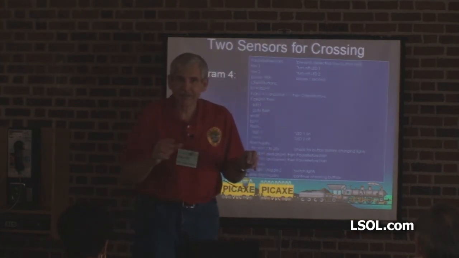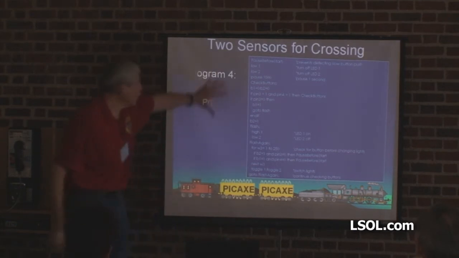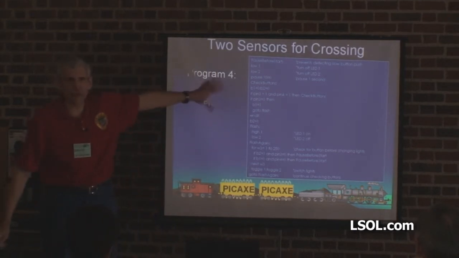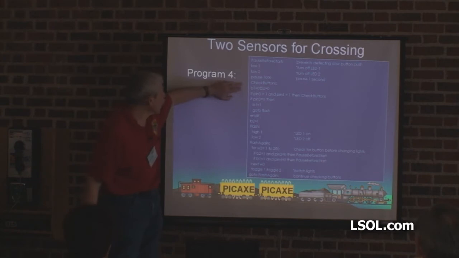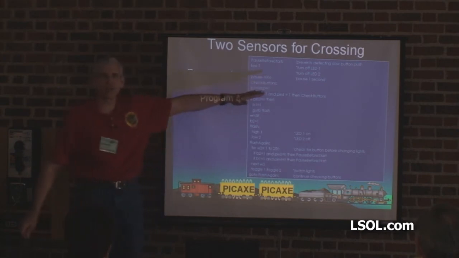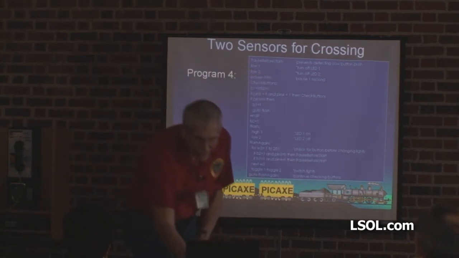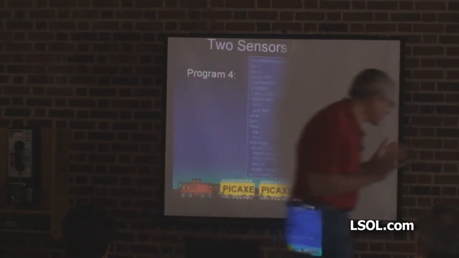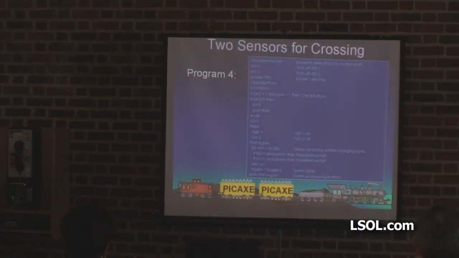Make sense? This will be on my webpage so that you can look at it yourself. But I store some things here that keep track of which switch was hit. I have that already done. And it's here. And here. And here.